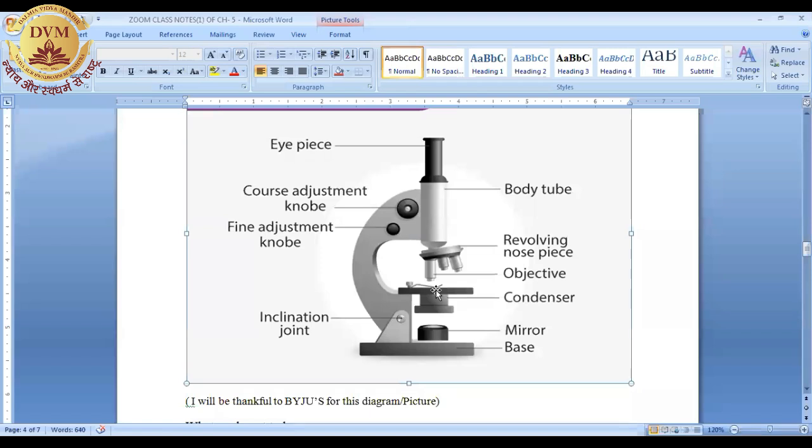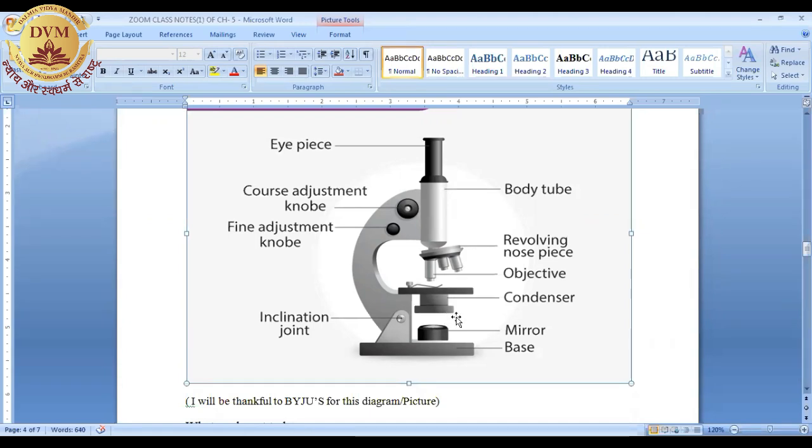Here I want to clarify that a specimen is anything which you are observing under a microscope. Whatever thing you are observing, you will put it on the slide. How to prepare the slide will be a different topic, right? So now it is known as a specimen, right?